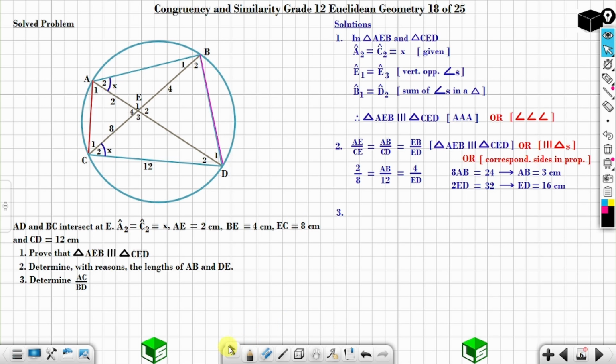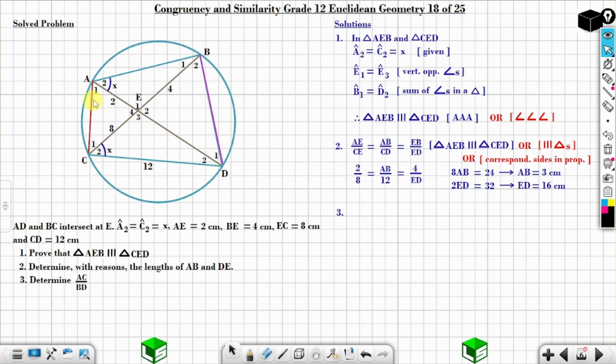So can you see we can work in triangle AEC and triangle BED.